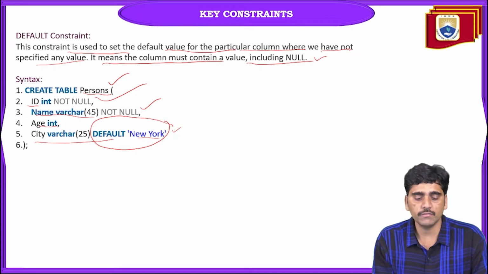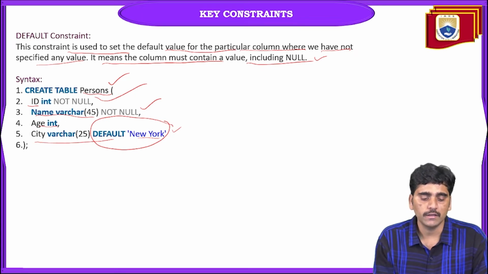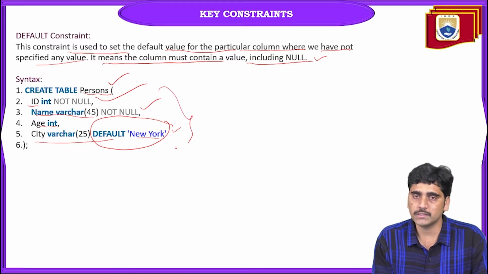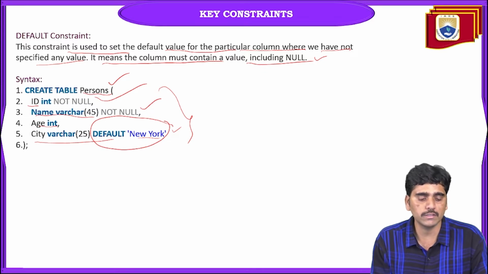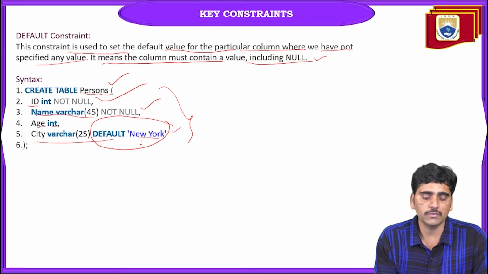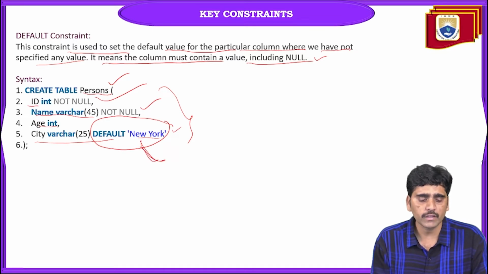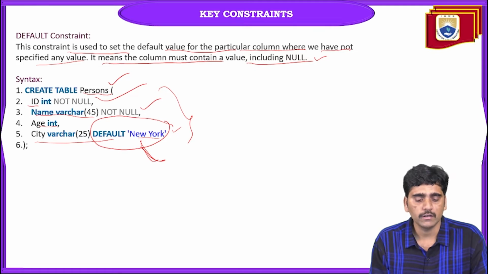So that means indirectly we are saying that if you are specifying values for all the other columns, but you are not going to specify any value for the city, because we are applying a default value of New York for the city column. The default value is New York for the city column.